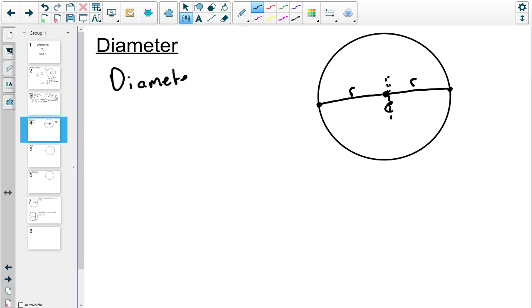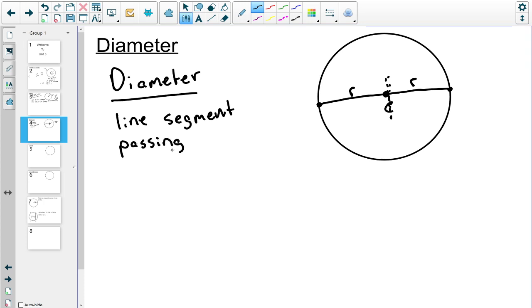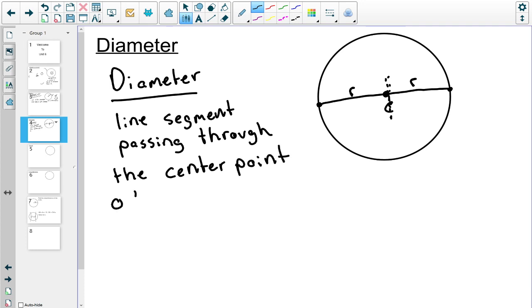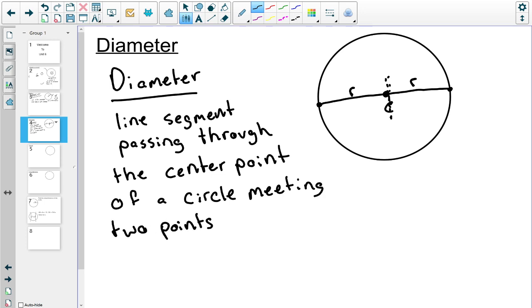We can say the diameter is a line segment passing through the center point of a circle meeting 2 points on the circle.